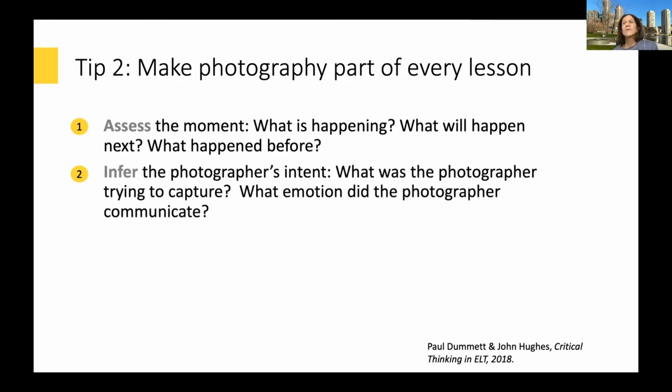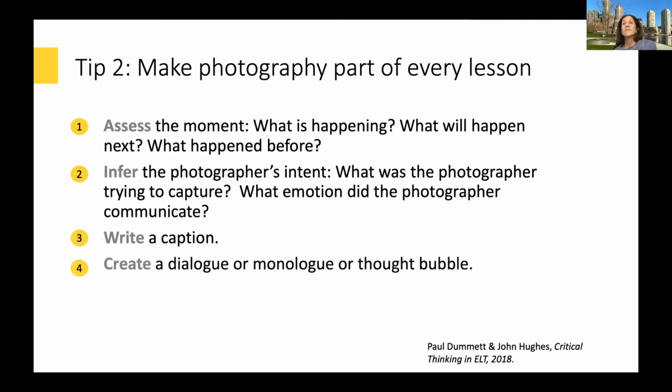Infer the photographer's intent. Ask the student, what was the photographer trying to capture? What emotion did the photographer communicate? Then have students write a caption for the photo. And finally, have students create a dialogue or monologue or thought bubbles.